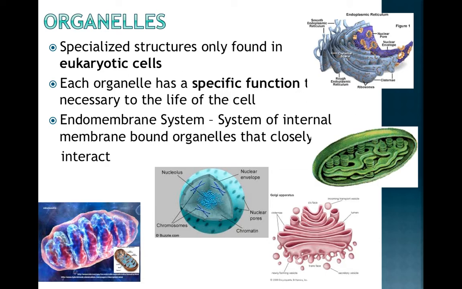So we need a system, kind of like a production line, of how these things get produced from start to finish. And the organelles of the endomembrane system are going to help our cells make and deliver and produce whichever product they need to make. And that might be different depending on the cell that you're talking about. But again, system of internal membranes. Membranes compartmentalize. They divide one area from the other.